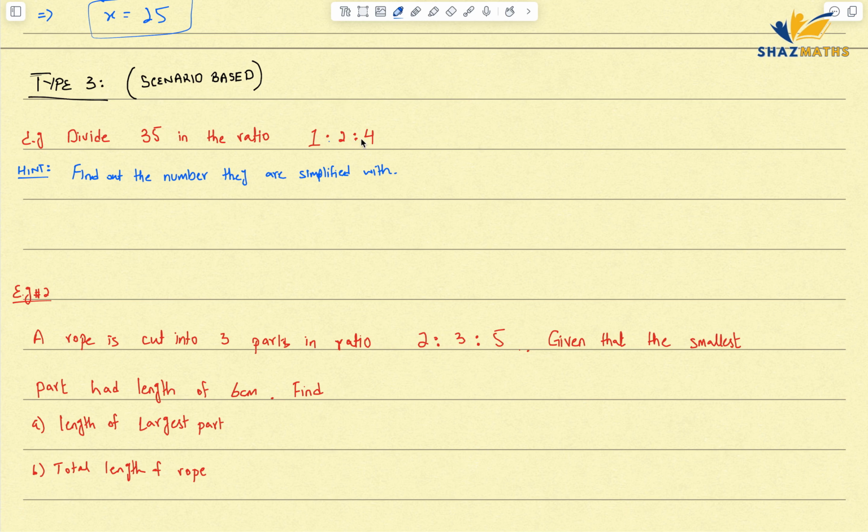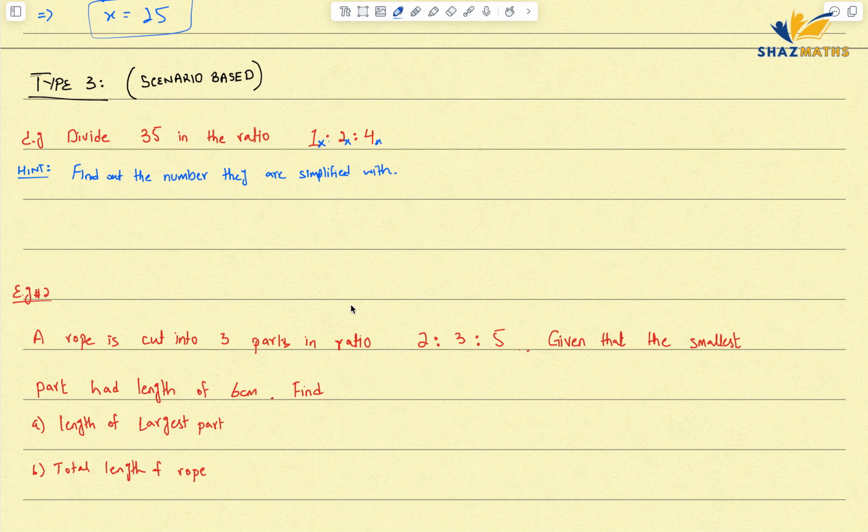It's kind of a reverse process we are doing in order to go from a simplified form to the original form. So let's assume that number as x. So originally it was 1x, 2x and 4x. Okay, and then when we simplified it, we cancelled out all the x, and then we got 1:2:4. Got it? So using the same technique, I can simplify literally all the scenario based questions of ratios.